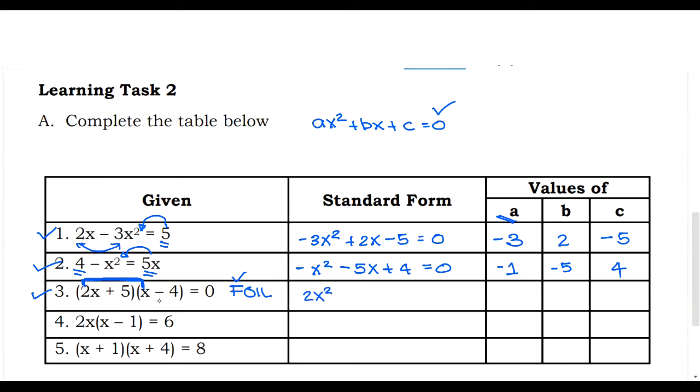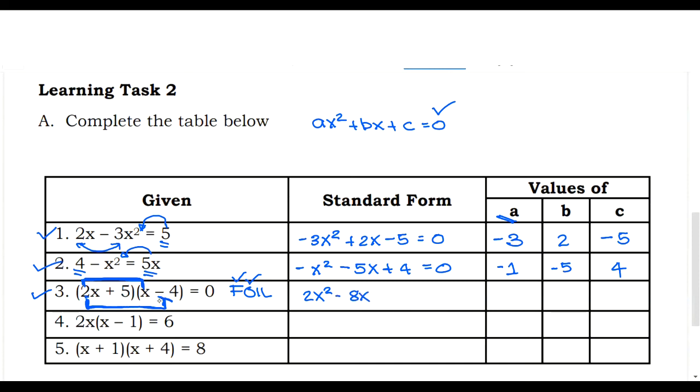Right? Okay. Outer terms. So yung nasa labas. So ito at saka ito. Okay? Huwag kakalimutan yung mga signs. So you have positive 2x. Yeah? Times negative 4. So what do you get? Negative 8x, right?